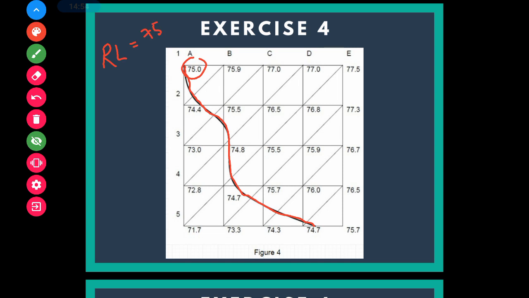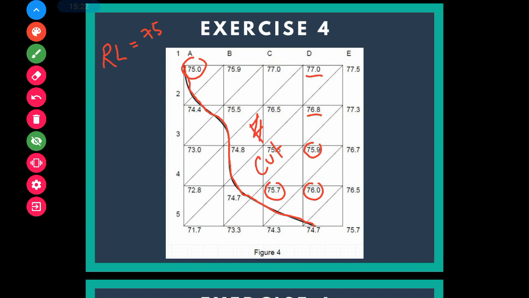So this line basically is a border for the cut section and the fill section. So based on the figure of depth that we have here, we know that this side is cut. The reason is because the original level, if you can see, is more than your desired RL 75.